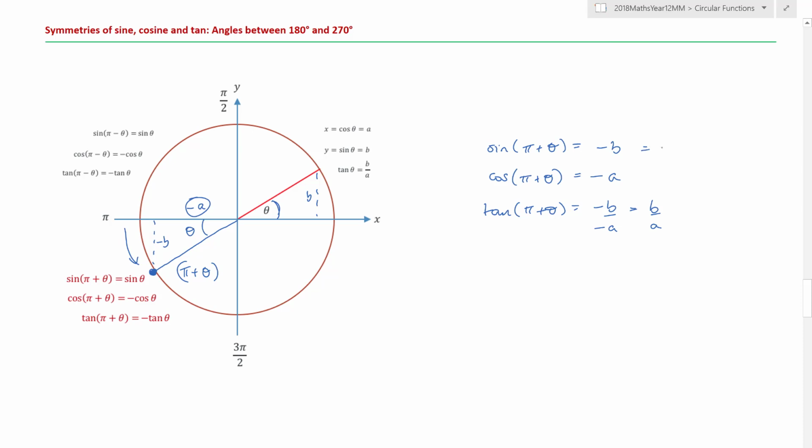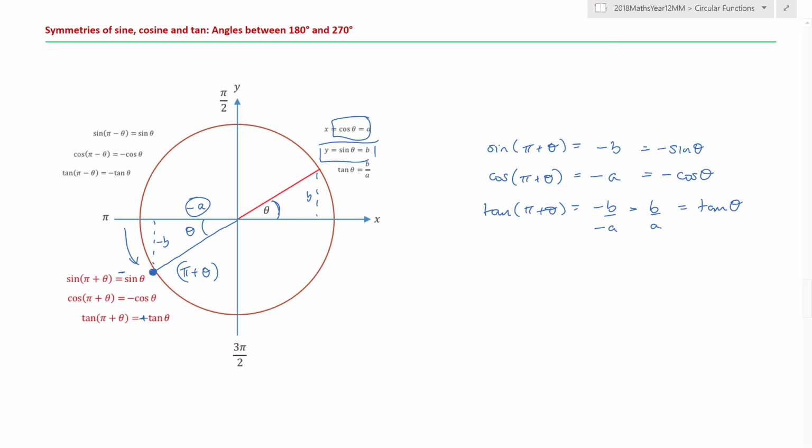We know that minus b would be equal to minus the sine of theta. We know that minus a would be equal to minus the cosine of theta. And actually, that would be simply the tan of theta. So what I'm actually finding out is that minus sine theta, minus cos theta, and tan theta. Now what I've noticed is here, that should be minus sine theta, and that should be plus, right? Silly mistakes. I think I've copied that down incorrectly from another circle.